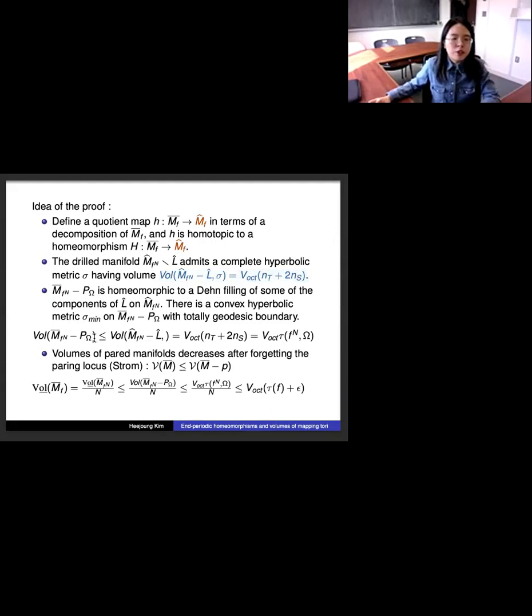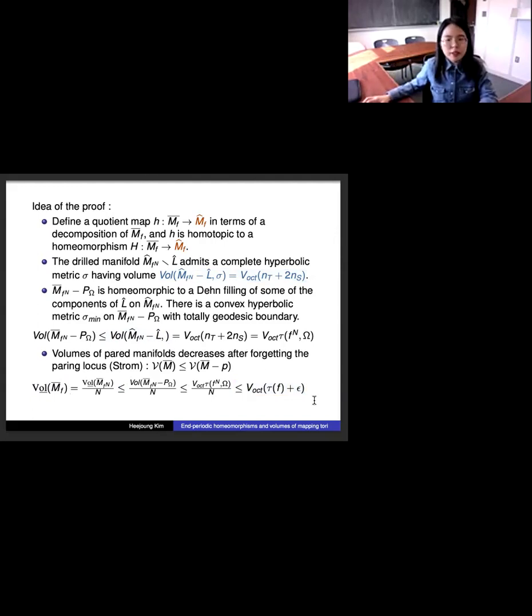And then we use Dehn filling for this inequality and use paired 3-manifolds for this inequality. So we were able to find the upper bound.